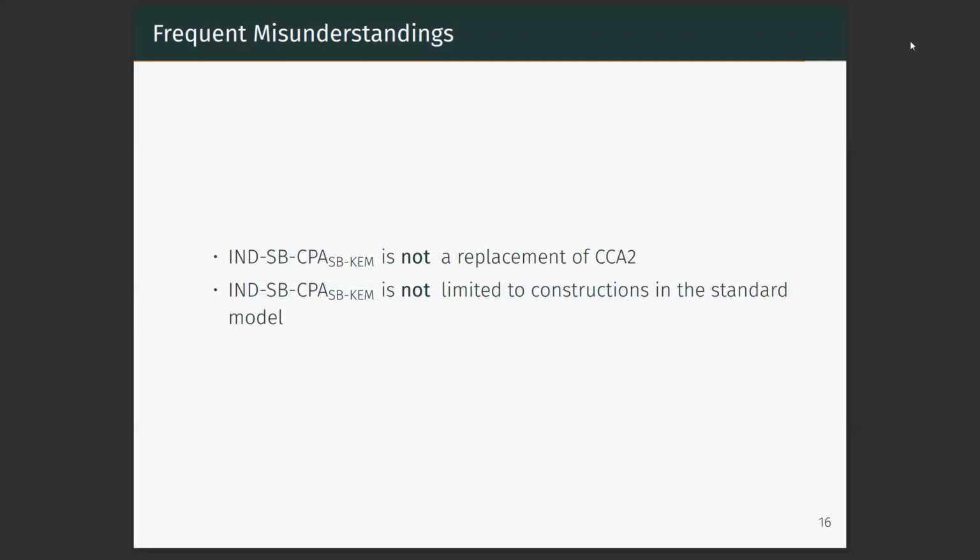A similar observation can be made with the React transformation. Whereas in the standard model, we were able to prove a straightforward simplification of an already quite practical, although maybe not comparatively efficient as in the random oracle model, existing lattice-based construction.